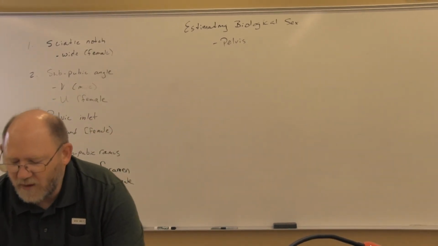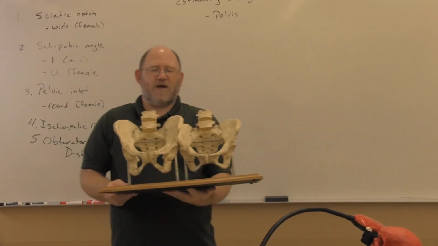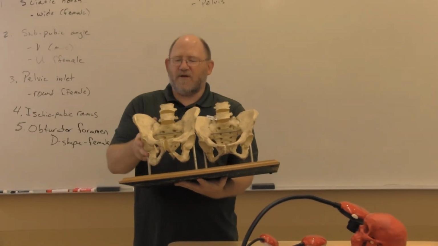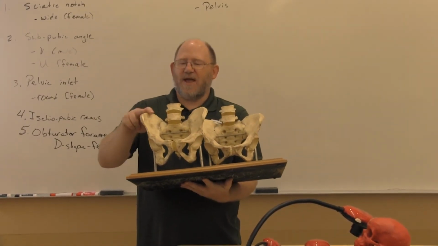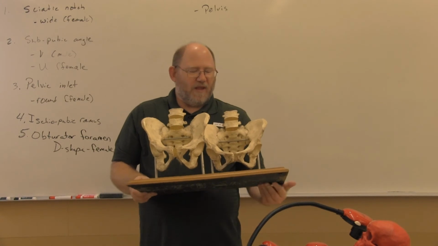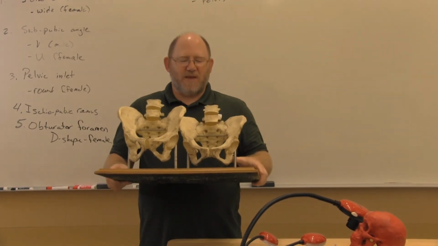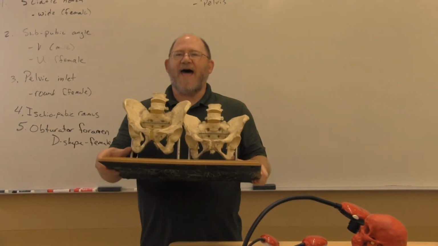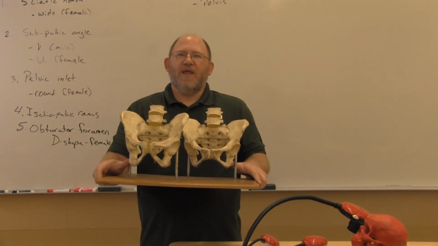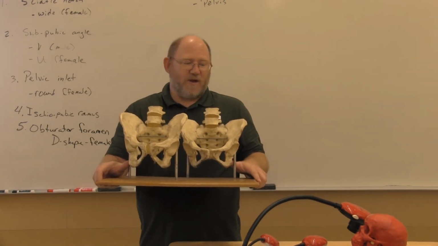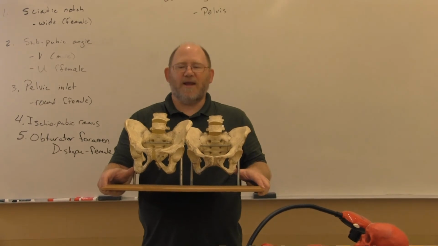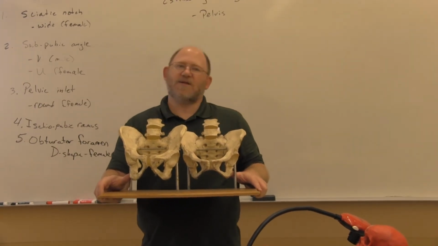And so when we look at the pelvic girdle together, sometimes for females, it's described as maybe being a little bit more saddle shaped. In this one, the female is on your right as you're looking at it, the male is on your left.